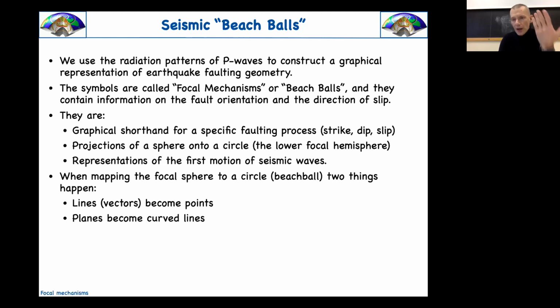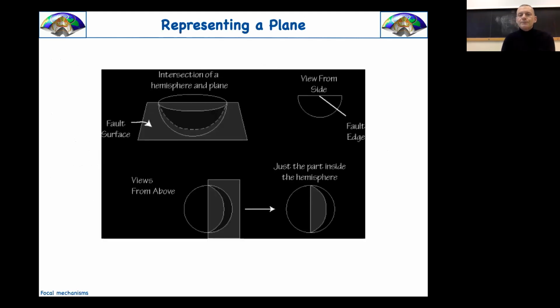Okay, let's try to put this idea into practice. For example, let's try to represent a plane. Well, that's quite easy because we have to imagine now the sphere that is surrounding the fault plane. Okay, we have to imagine the surface of the Earth that is cutting the sphere.